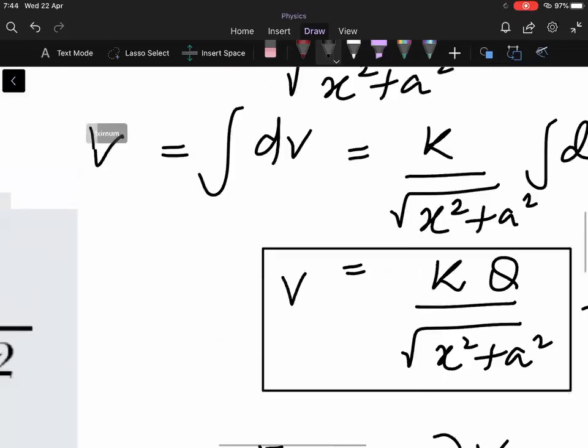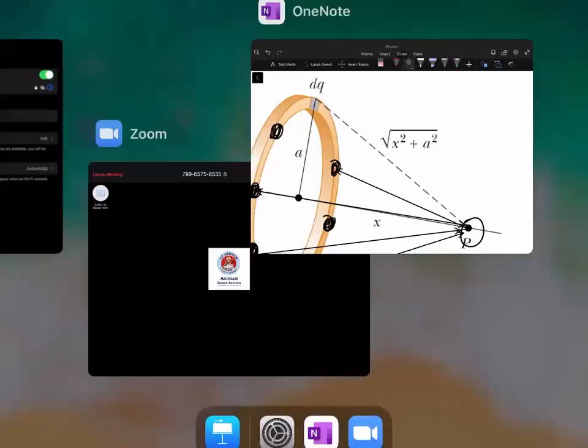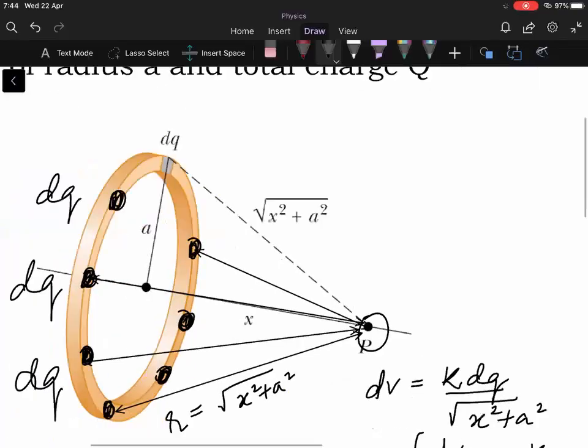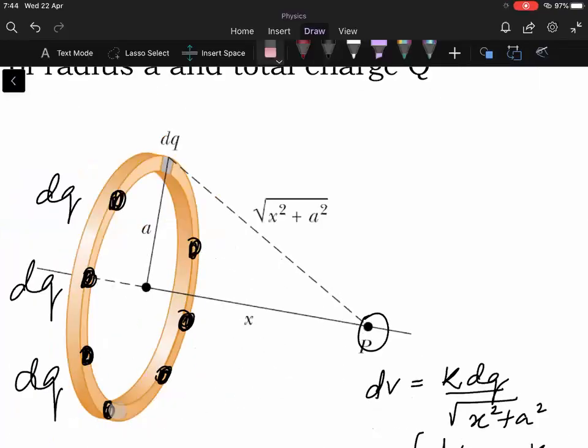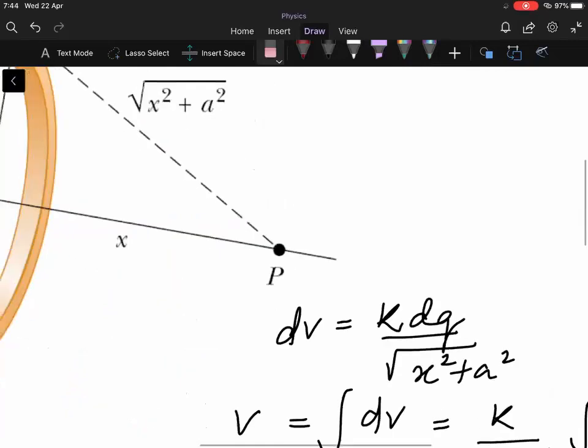That means if I move along the axis by dx, what is the change in the potential?